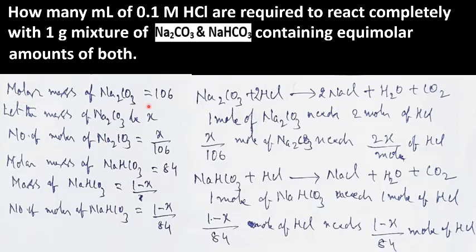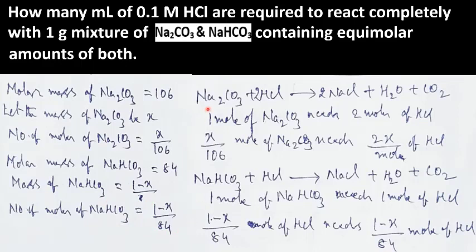Molar mass of sodium carbonate is 106, and in 1 gram of mixture, let the mass of sodium carbonate be X. Therefore, number of moles of sodium carbonate is X by 106, and molar mass of NaHCO3 is 84. As mass of sodium carbonate is X, then mass of NaHCO3, sodium bicarbonate, is 1 minus X. Then number of moles of NaHCO3 is (1 minus X) by 84.